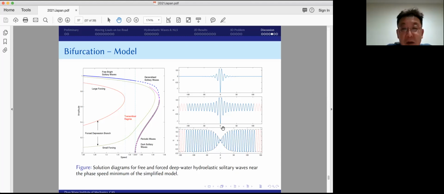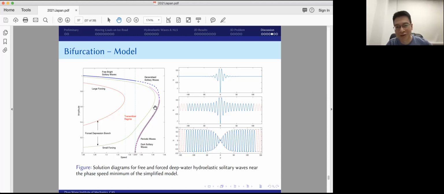Okay, and if we look at the left figure, the pink curve, I think it stops, right? What happened there? No, you can continue this curve. I just didn't show that.